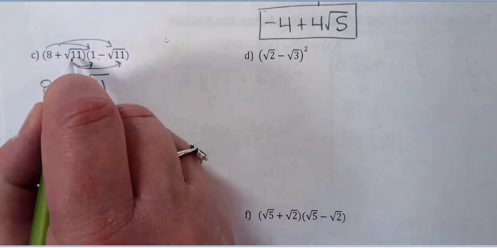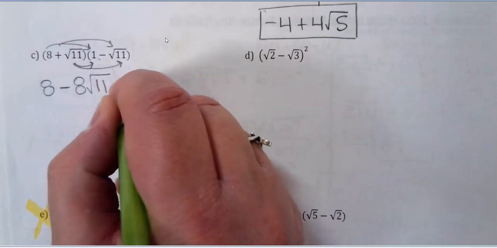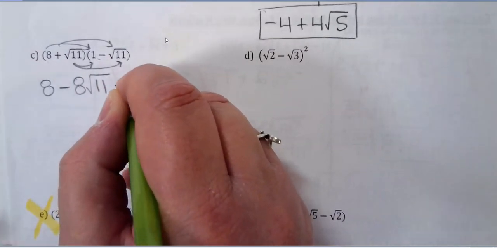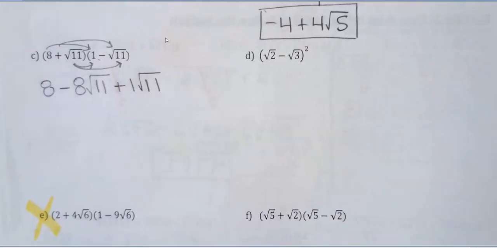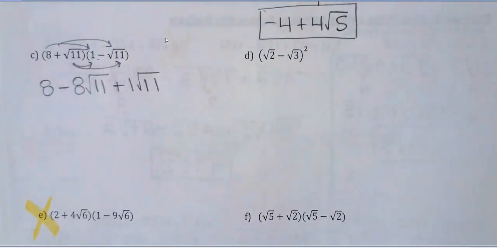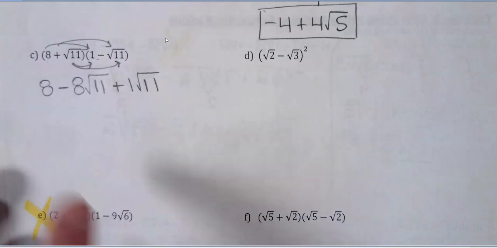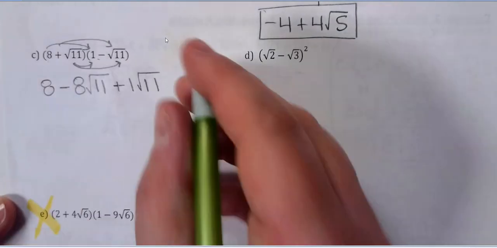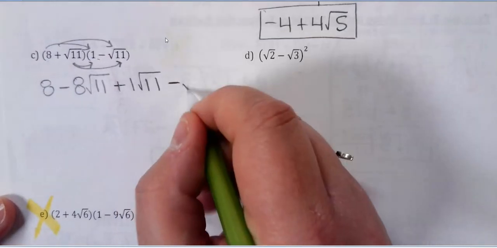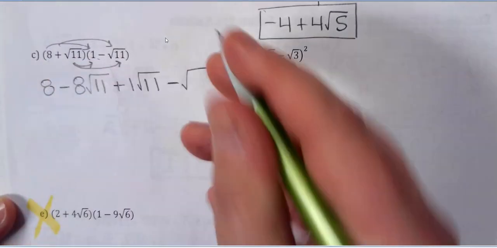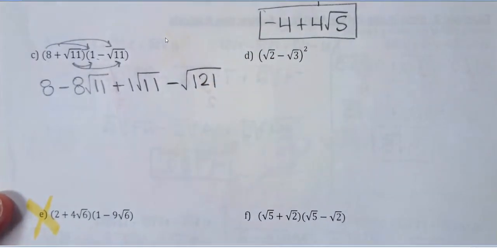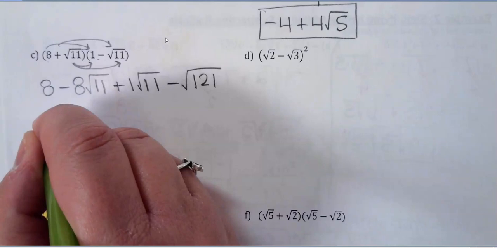So square root of 11 times 1, those are both positive, so this would be plus, and you can write 1 square root of 11, but you don't have to, or you could just write square root of 11. Now, on the end, one of these is positive and one of them's negative, so I should have negative. And then under the square roots, both of them are 11, so this will actually be a perfect square. It's going to be 121. All right, so I'm going to simplify this just a teeny tiny bit.